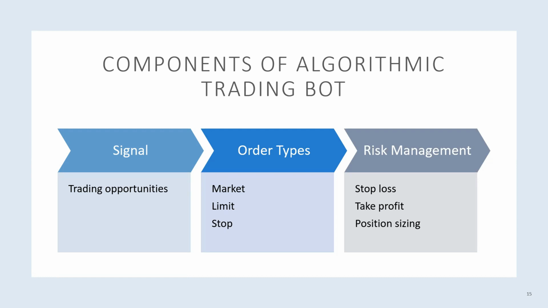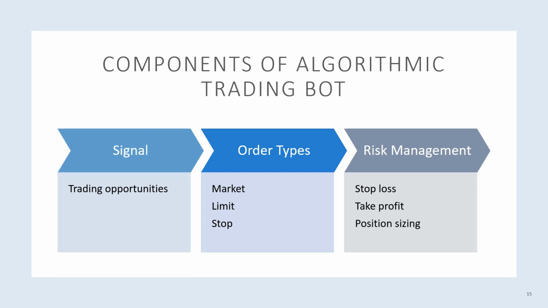Then you have the order type, and this will tell us, now that we have identified a trading opportunity, are we going to buy immediately, or are we going to wait? We can wait for the price to fall further if we are trying to buy, so that we can increase our profit margin, and that is a limit order. Or we can wait till the price rises a little bit.